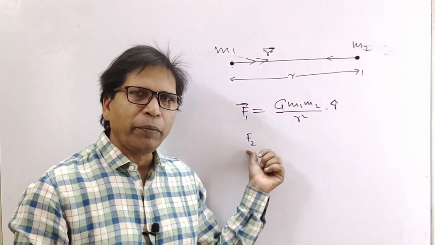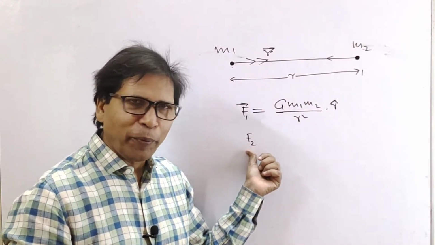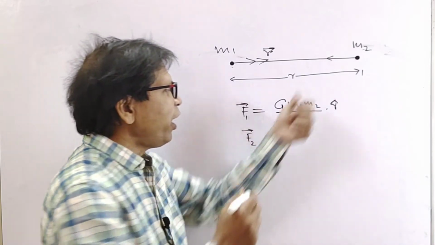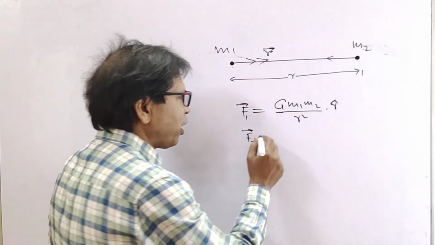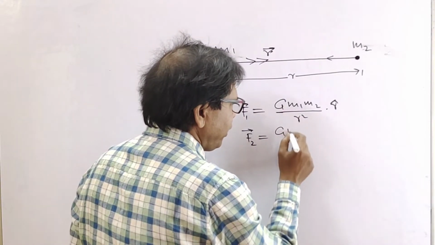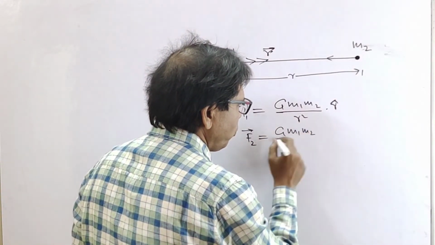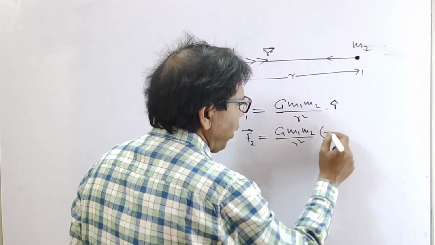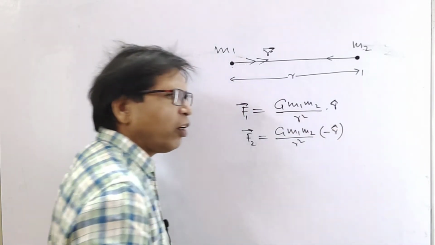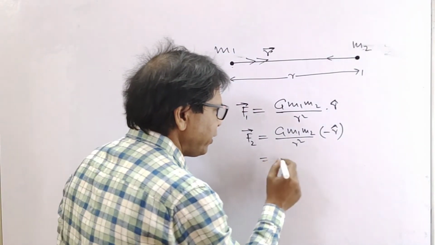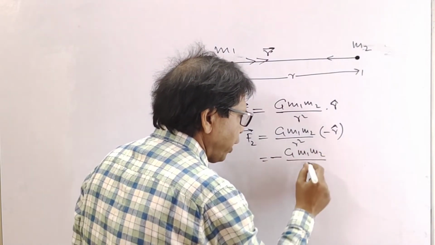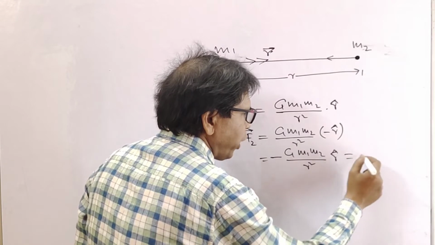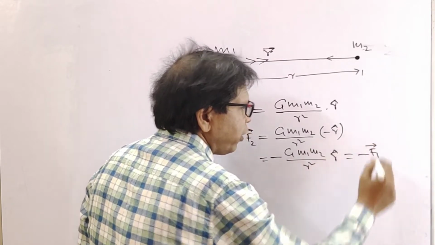In the same way, if F2 vector is the force of attraction on m2 by m1, then it becomes G m1 m2 by r square into minus r cap, that is minus G m1 m2 by r square r cap. So this is minus F1.